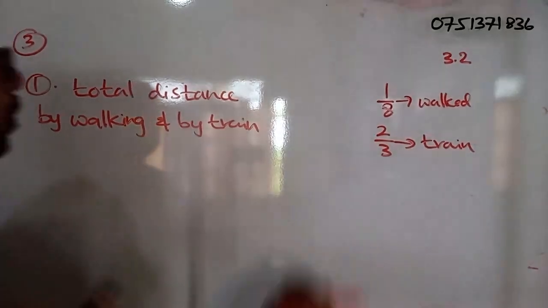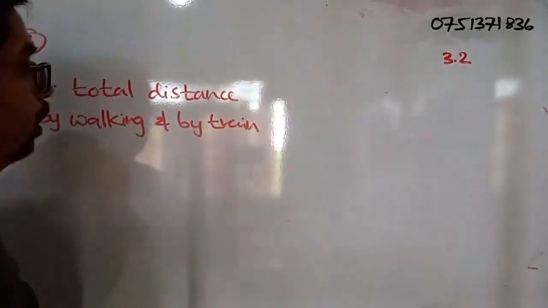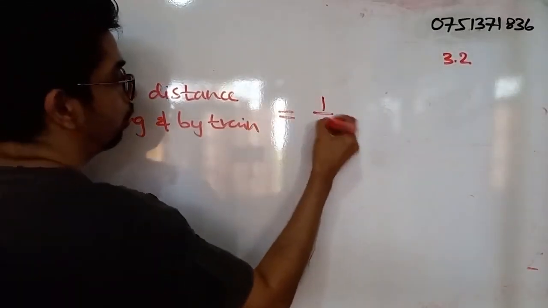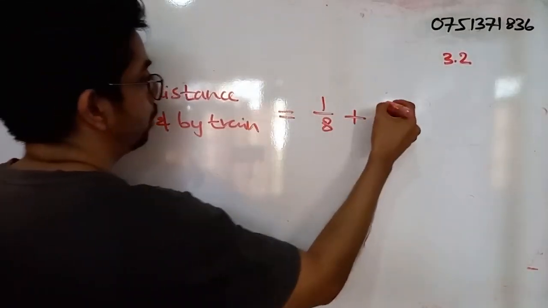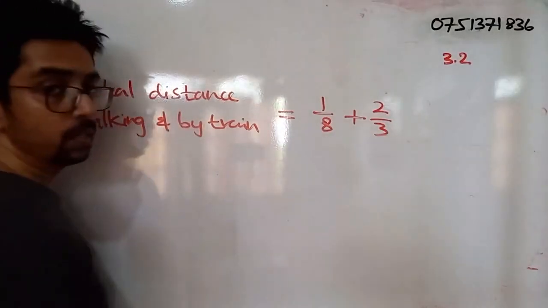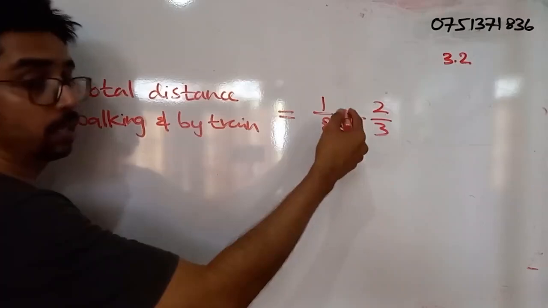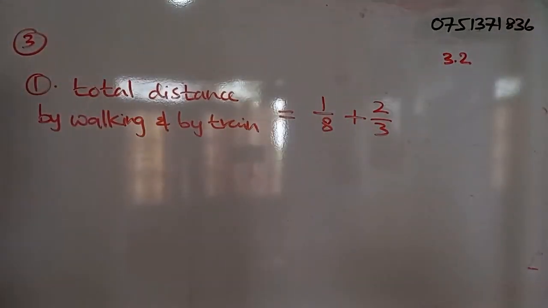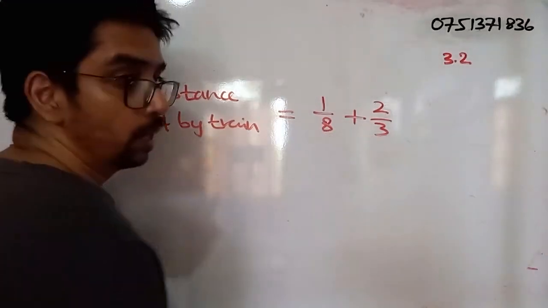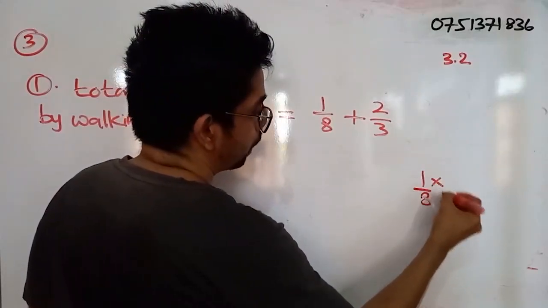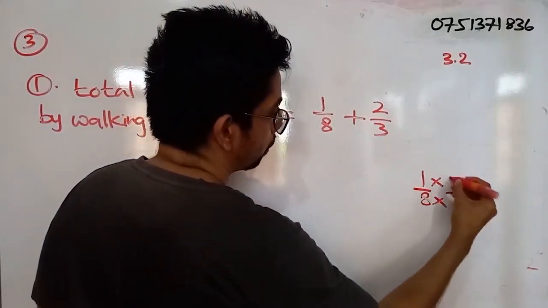So how do we get it? Equals by walking 1 by 8 and by train 2 by 3, right? So 8 and 3, two denominators which are different, so we have to calculate the least common denominator, which will be what? 24, right? So 1 by 8, I have to multiply the numerator and the denominator by 3.